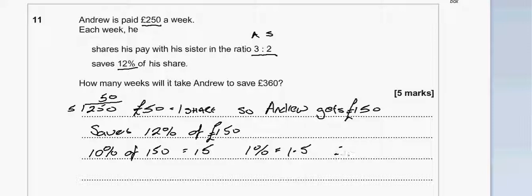So we can say therefore 12% equals 15 plus 2 lots of 1.5, so I would say 15 plus 3, which equals £18.